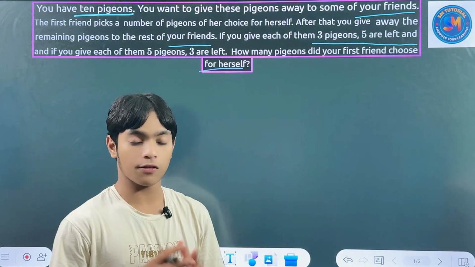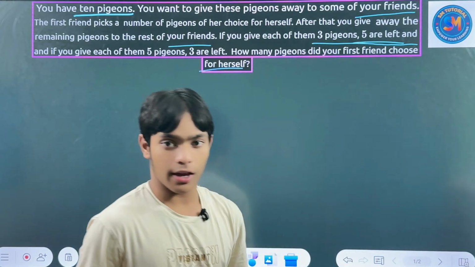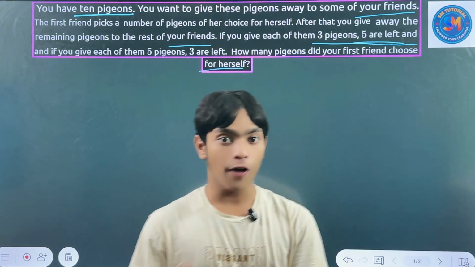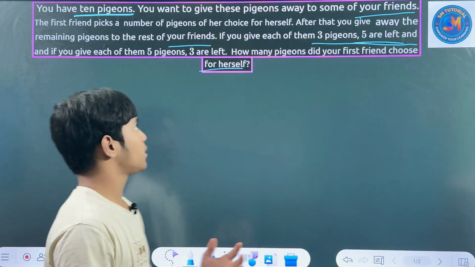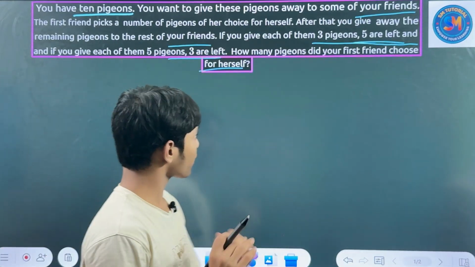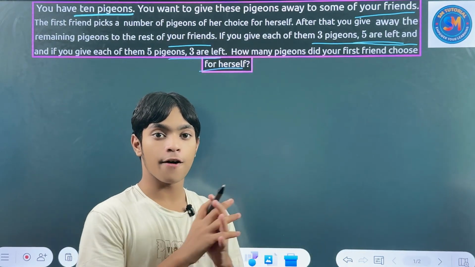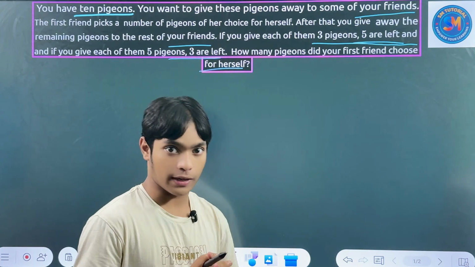If you give each of them 3 peasants, then 5 will be left. And if you give them 5 peasants, then 3 will be left. That tells us how many peasants the first friend picked.